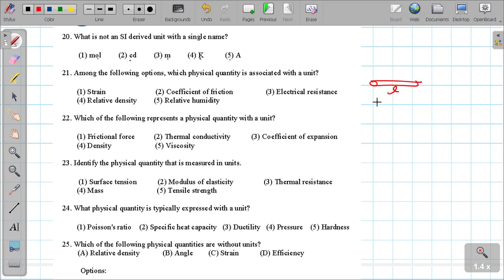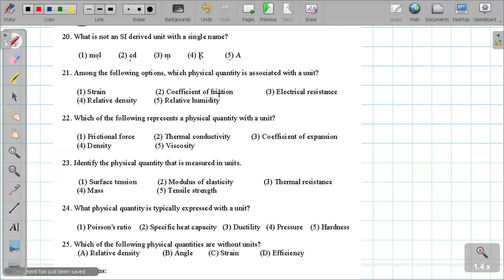It is the ratio of the extension over the original length. You have no idea about this thing. Then is it fair to ask you this question? It is not fair.